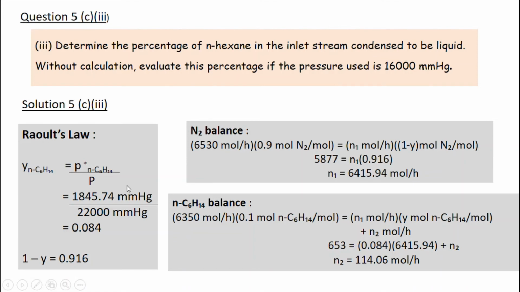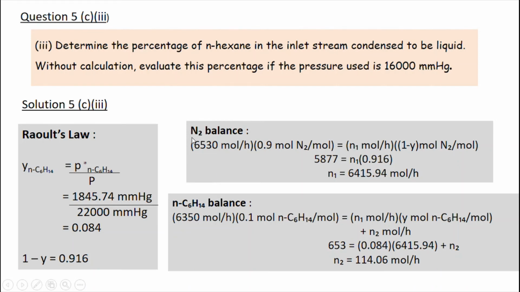The vapor pressure of N-hexane is 18457.4 millimeter mercury, divided by 22,000 millimeter mercury. So we get 0.084 mole fraction of N-hexane, and 1 minus Y is 0.916, the mole fraction of nitrogen in the top stream.